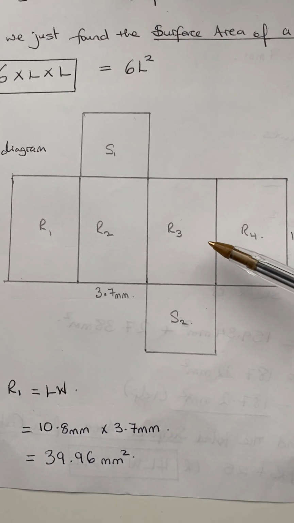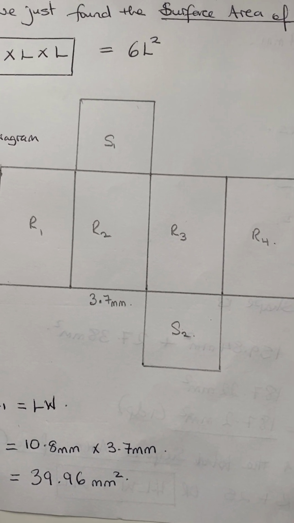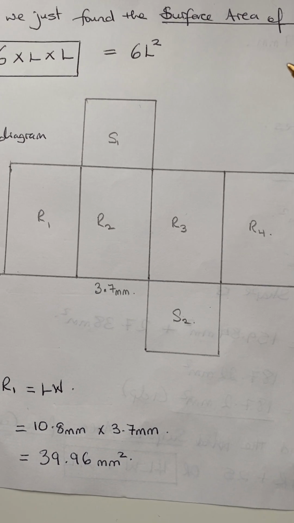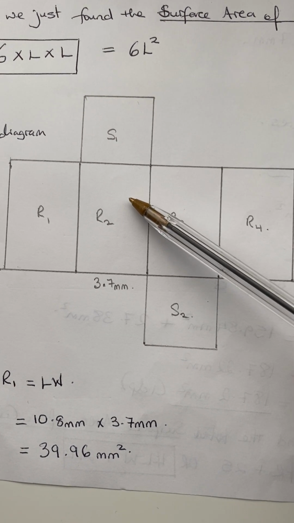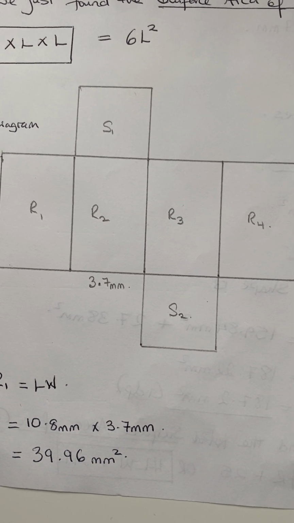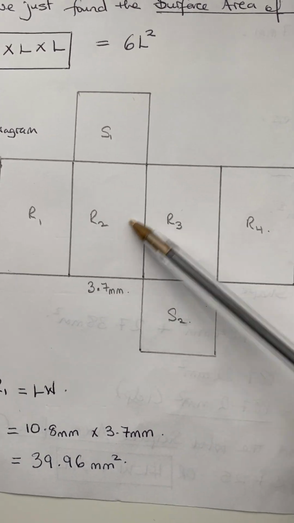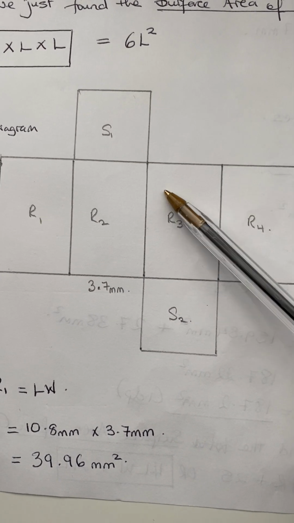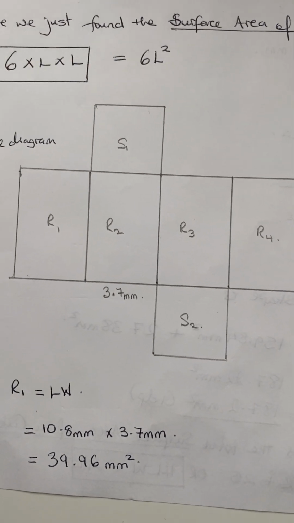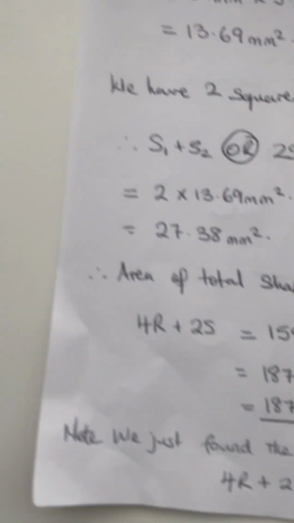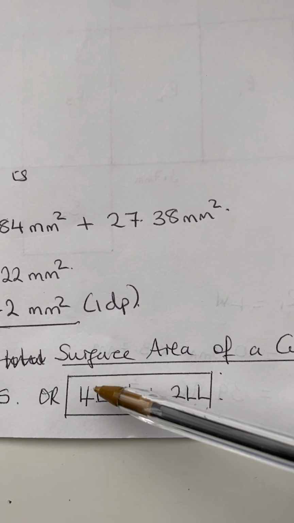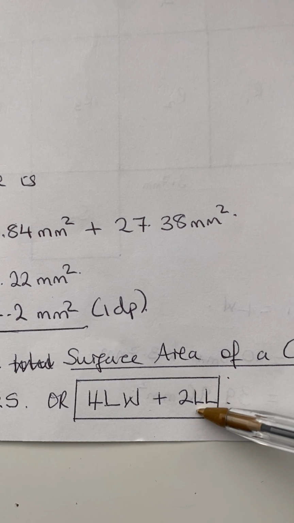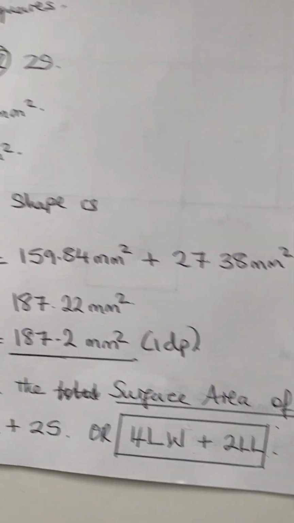But this shape, if we fold them together, especially if you are good at puzzles, you realize that you are going to get a cuboid. And we just found the surface area, the area of all the faces. So that's it, the 4 rectangles and the 2 squares.